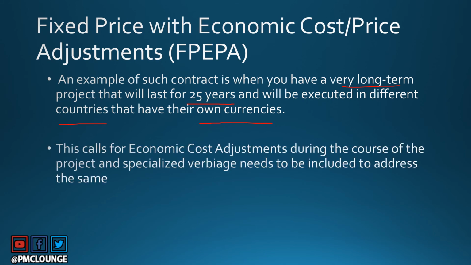So obviously, in the span of 25 years, economic conditions might change. That is why FPEPA makes a lot of sense here, because economic cost adjustments need to be taken care of. And this is the contract, the FPEPA contract, which is going to have specialized verbiage to address any kind of cost or price adjustments or fluctuations.